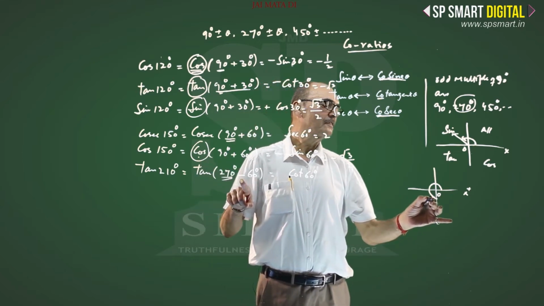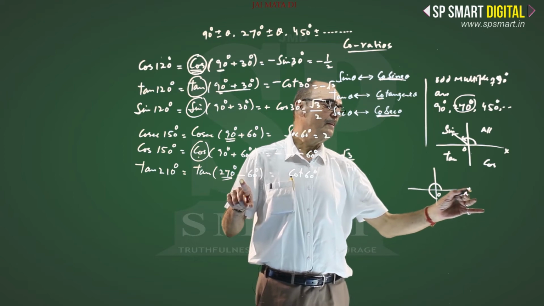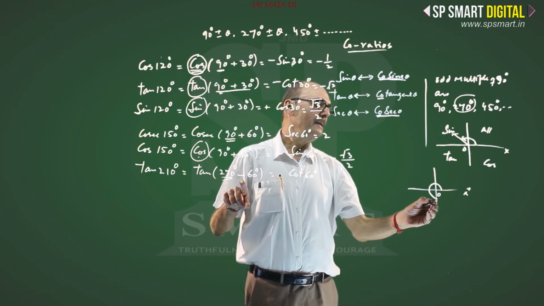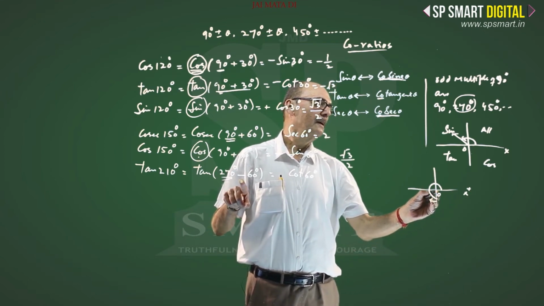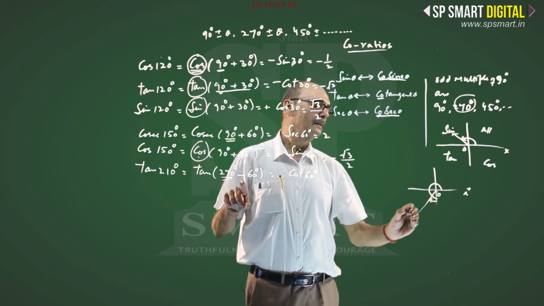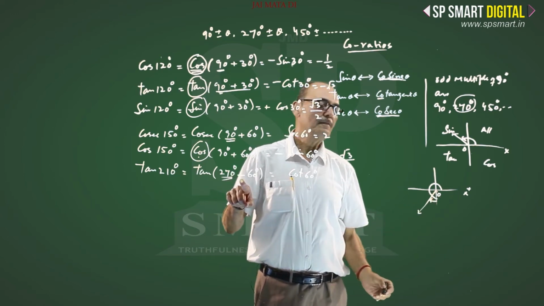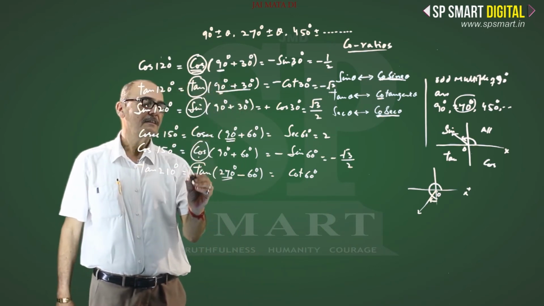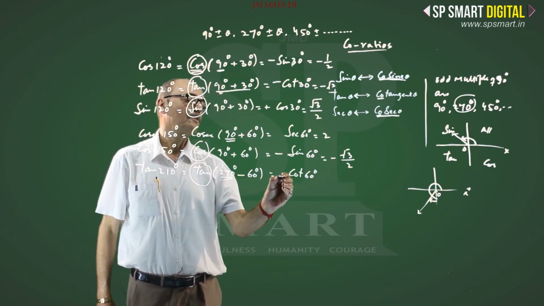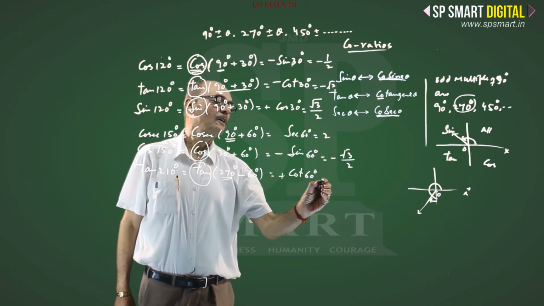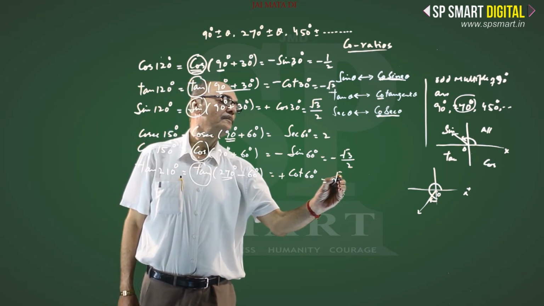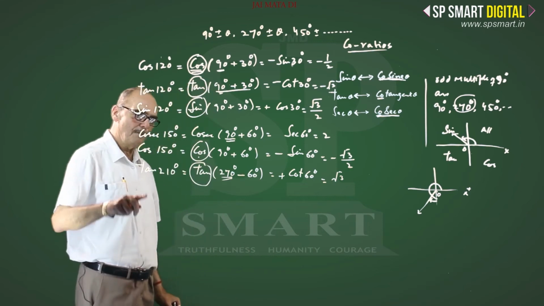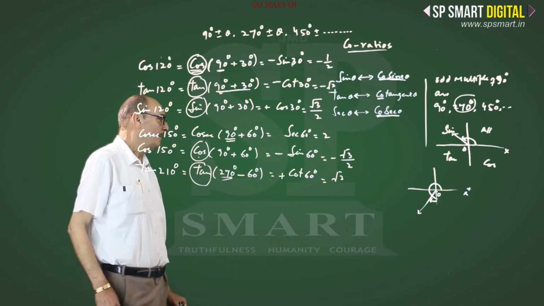If it is plus 60, we shall go forward, but if it is minus, we will move backward. So this revolving line lies in the third quadrant, where tan is positive, and cot 60 degrees is root 3. Ultimately, the value of tan of 210 is root 3.